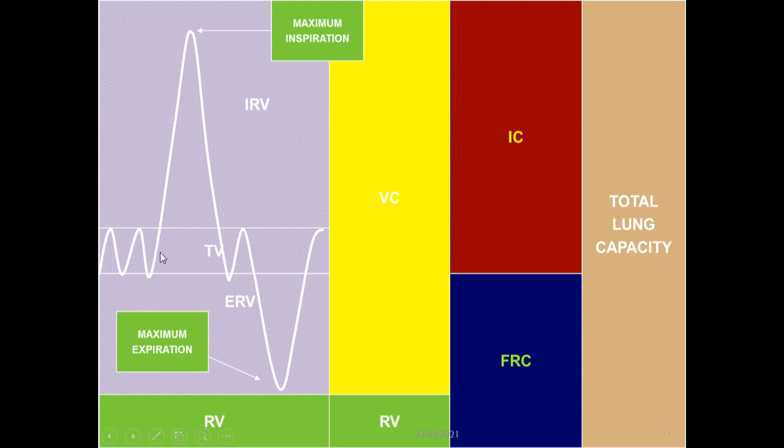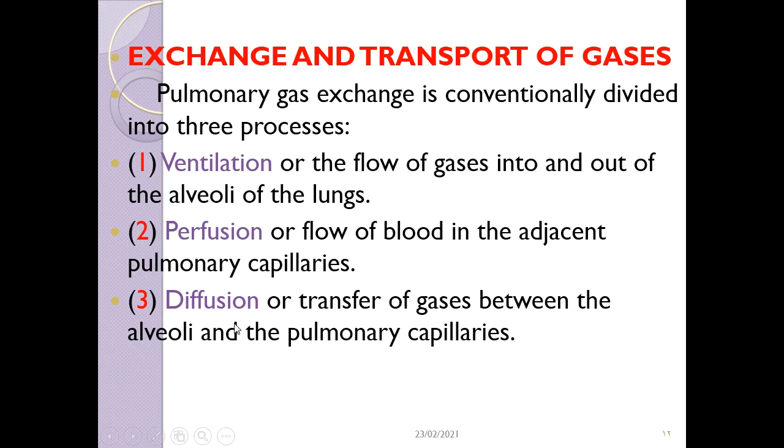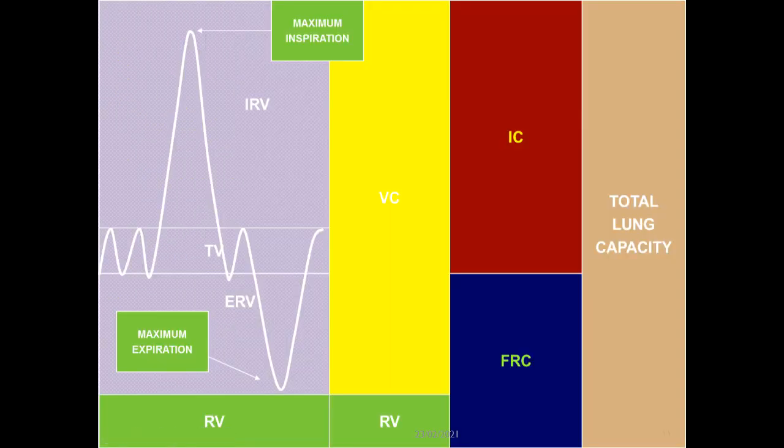This is the tidal volume, which is the amount of air we can inspire at rest, and this is the inspiratory reserve volume, which is the volume we can inspire over the tidal volume, and this is the expiratory reserve volume, which is the amount of air that we can expire over the tidal volume, and this is the residual volume, which remains in the lung after maximum expiration.